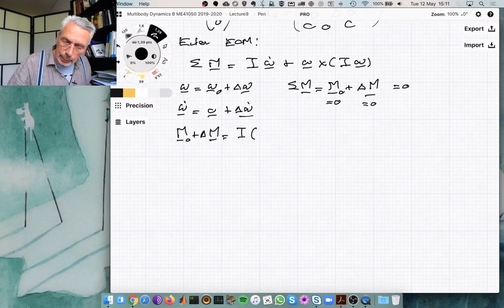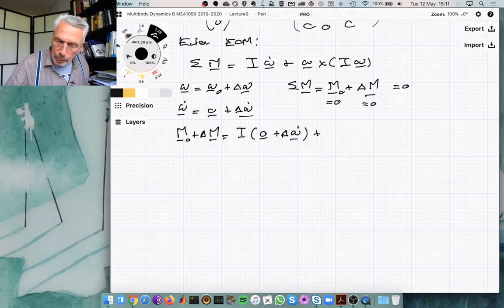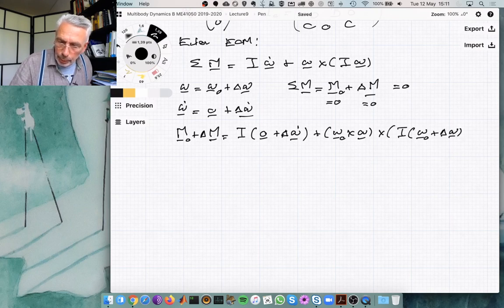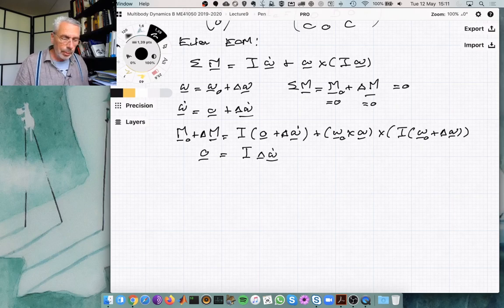So there was a 0, plus I delta omega dot, and then plus, and now it's becoming complex, we have omega 0 plus delta omega cross product with I times omega 0 plus delta omega. And that last part seems rather complex. Now this is 0, we assume. So here we remain with I times delta omega dot.